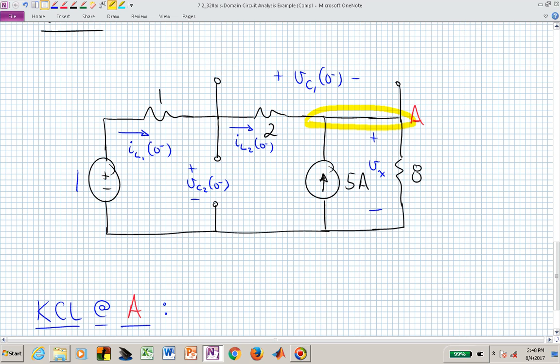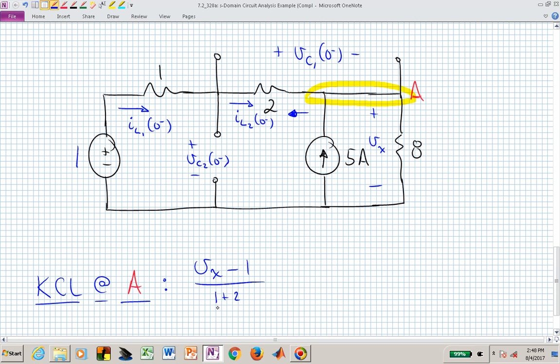So KCL at A says we can write this, let's say we want to know this current. That current is going to be V sub x minus 1 over the impedance between V sub x and this voltage source on the far right, which is the sum of those two resistors, 1 plus 2.